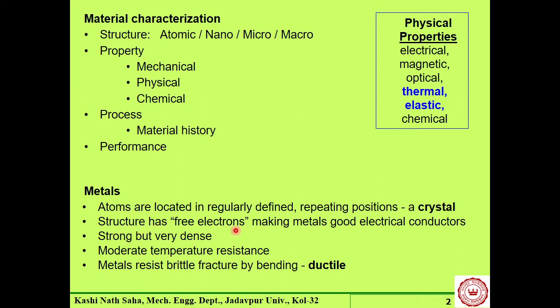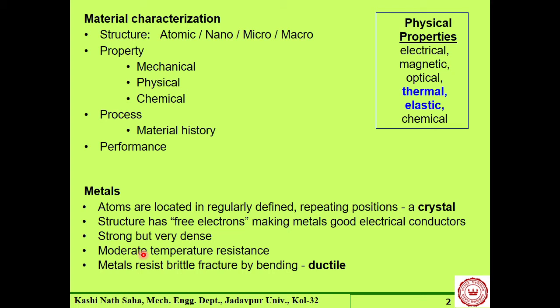The structure has free electrons, making metals good electrical conductors. They are strong, strength is high, and density is also quite high. Dense means higher density. Their temperature resistance is moderate. This is a general term. What is meant by moderate?